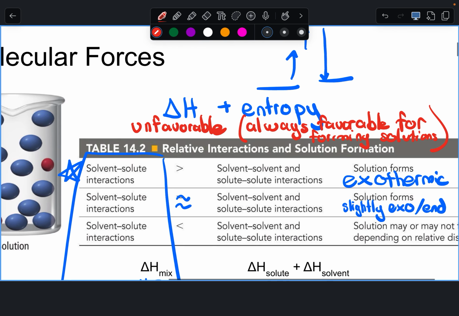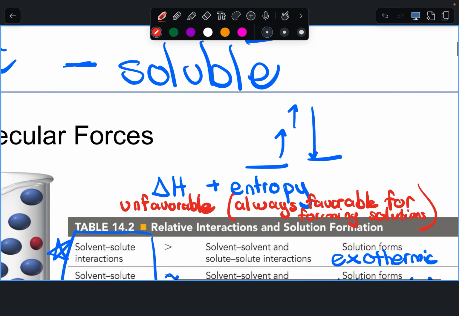Okay, so that's why I wrote approximately for the middle one, because it doesn't have to be exactly equal. It's going to be approximately. So the last one is saying that steps 1 and 2 are greater than step 3. Now it does say depending on relative size, but let's scratch that out because we talked about that earlier. So I'm going to redraw our picture here. They're saying that steps 1 and 2 are bigger, clearly larger than number 3.